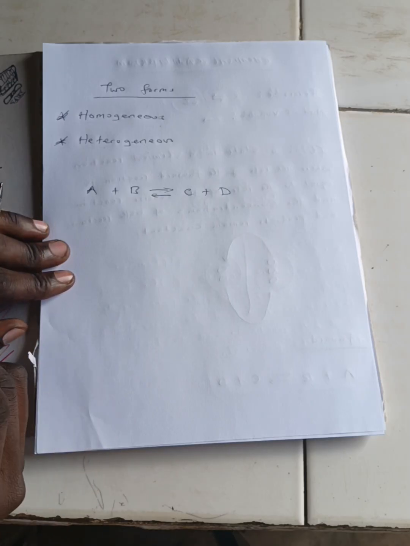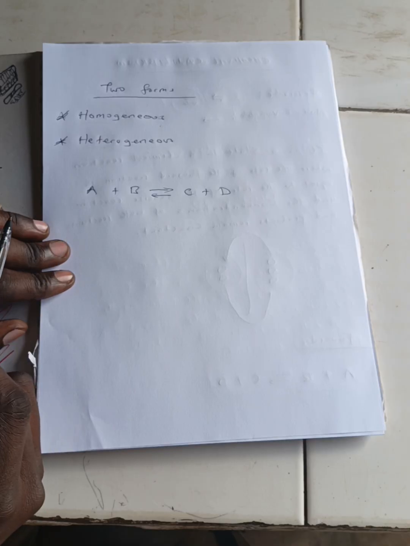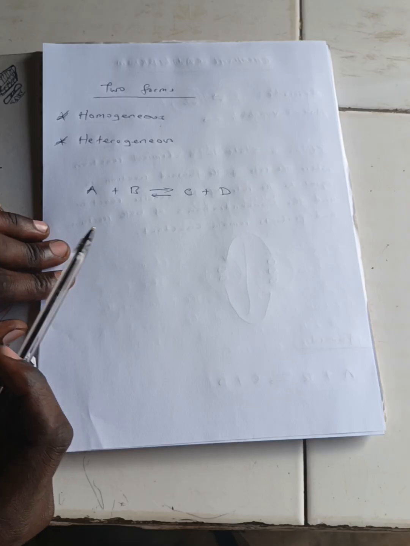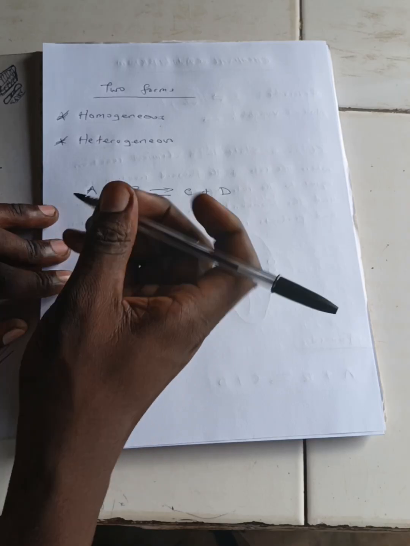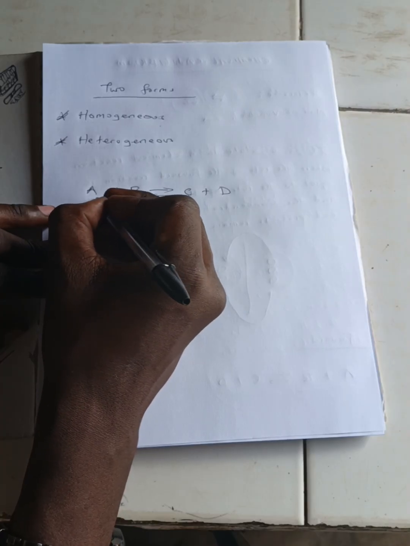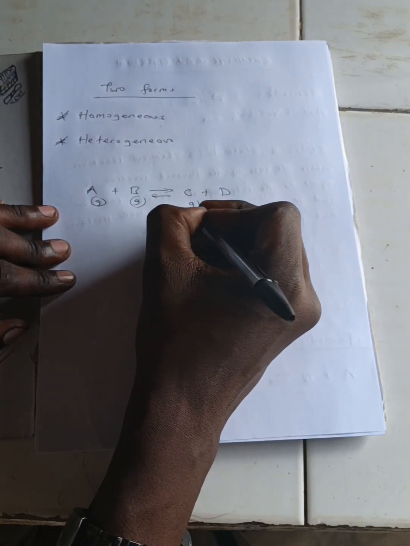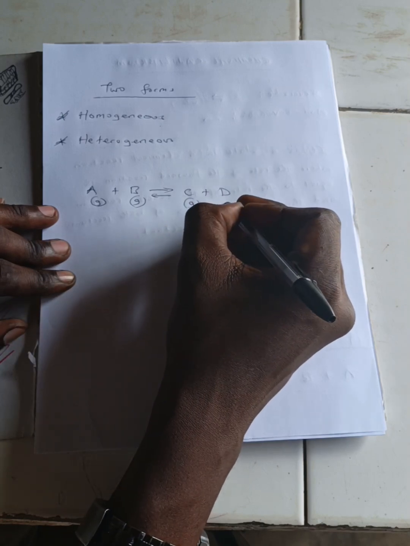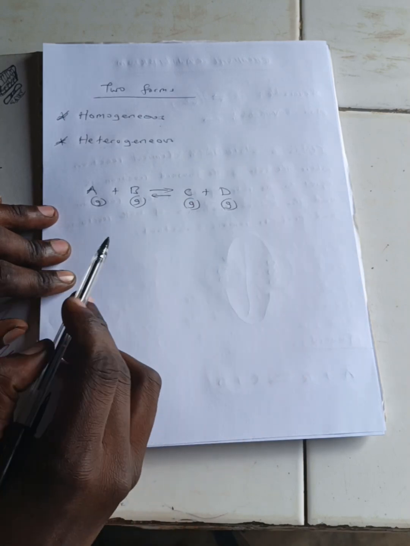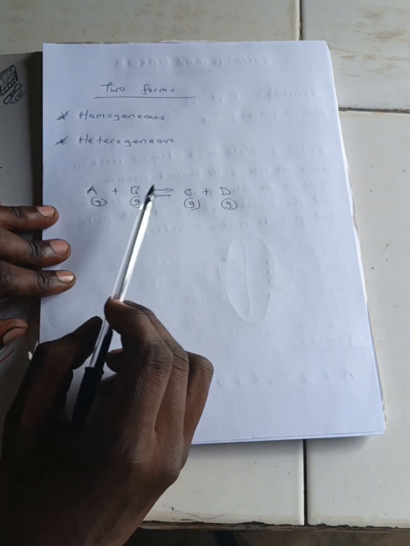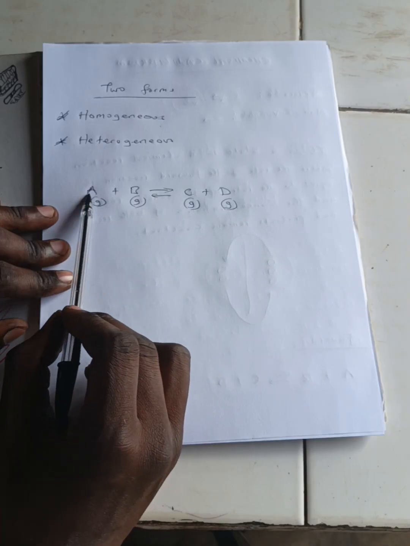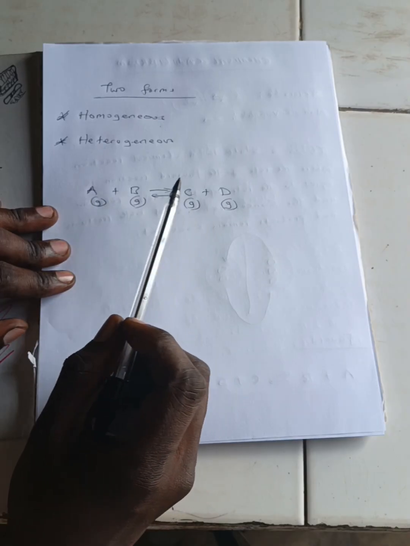So these states of matter can be solid, liquid, gas. We also have another state of matter, which is aqueous. Now, if we have all the chemical species found in a chemical reaction to be in the same phase, okay?